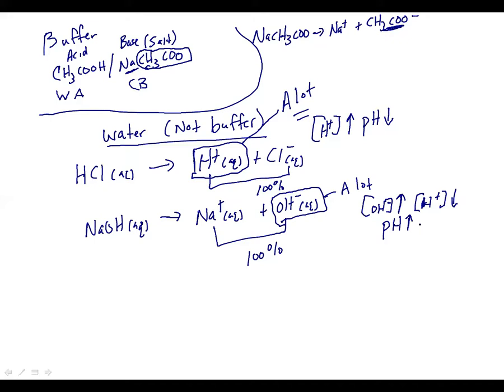So when we add acid or base to a non-buffer situation, we will see really big jumps in pH. When you add acid, you would expect the pH to go down. When you add base, you would expect the pH to go up. Any questions on what happens in a non-buffer situation?